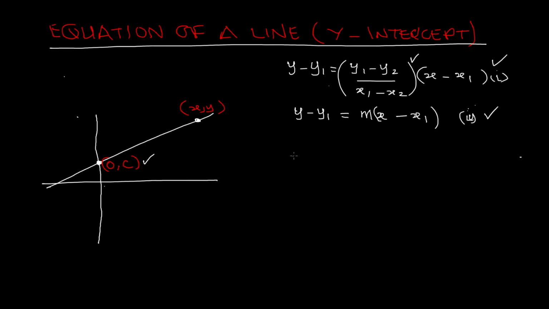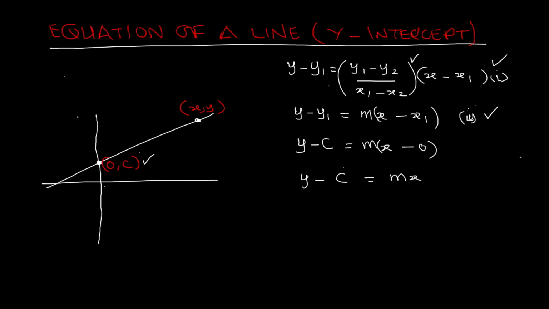Now we go to the third type of equation. We're going to take this point and replace it into this equation. So what is our y1? It is c, equal to m times x minus x1, where x1 is 0. So what is our equation if we continue? It's going to be y minus c is equal to mx, because this became a 0.